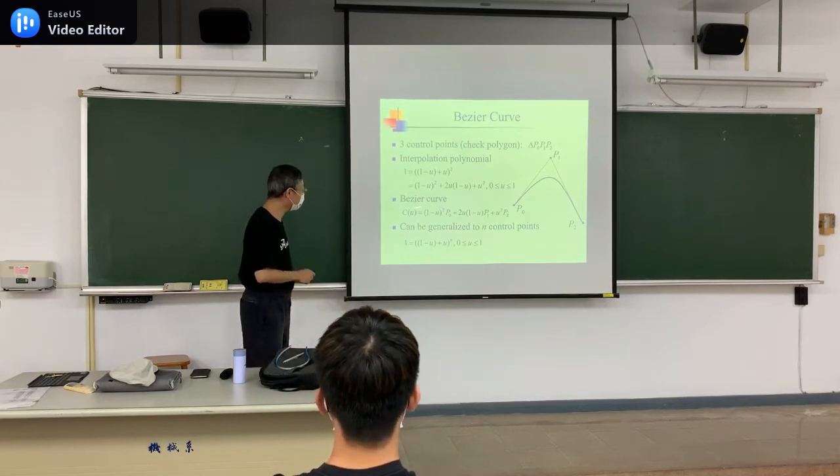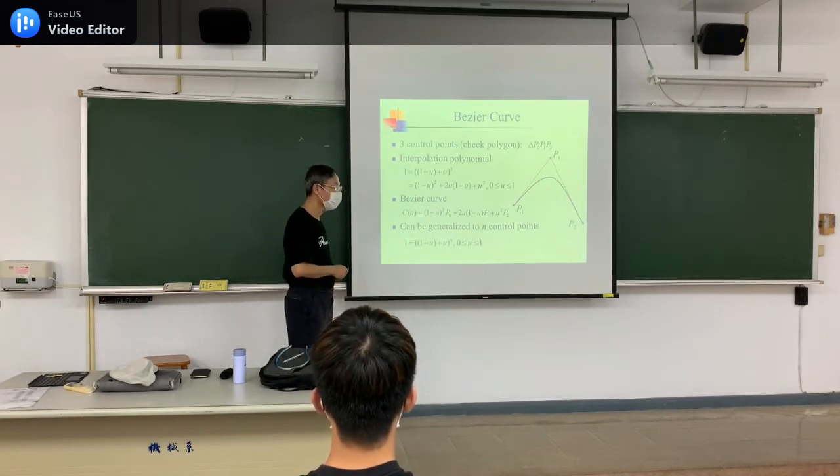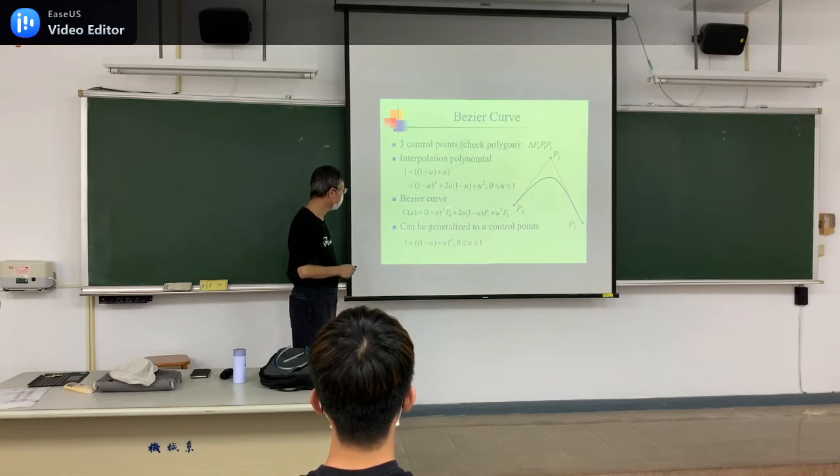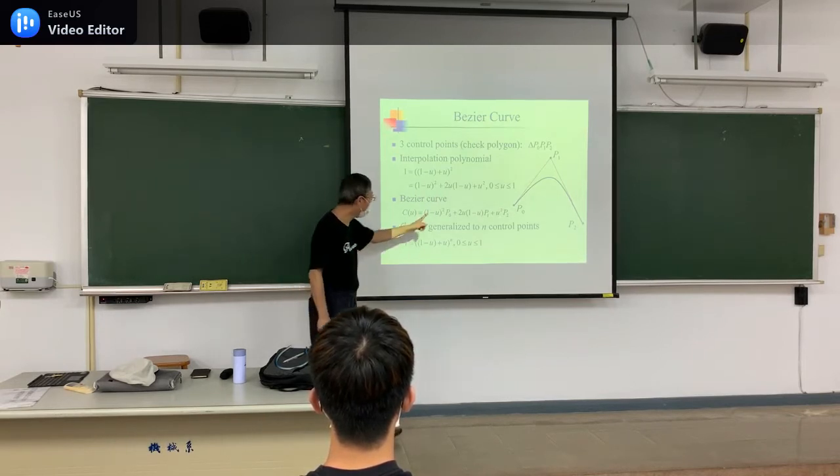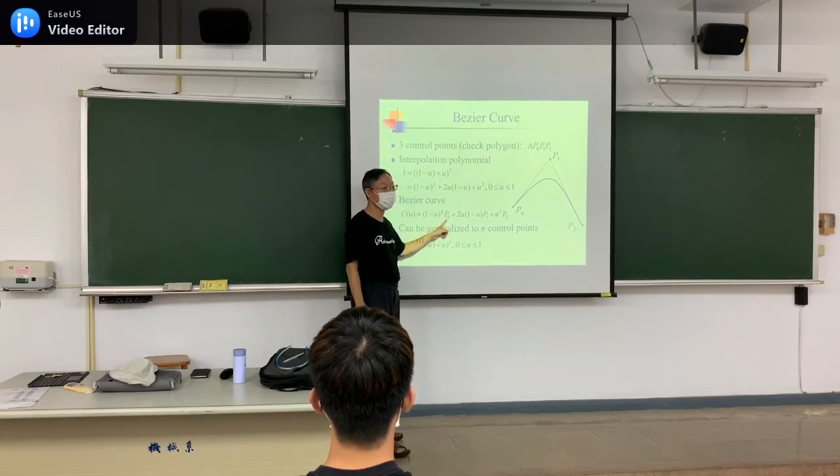So the resulting point is like this. You have this point multiplied by this, and this point multiplied by this. Point meaning that it's a vector, right?